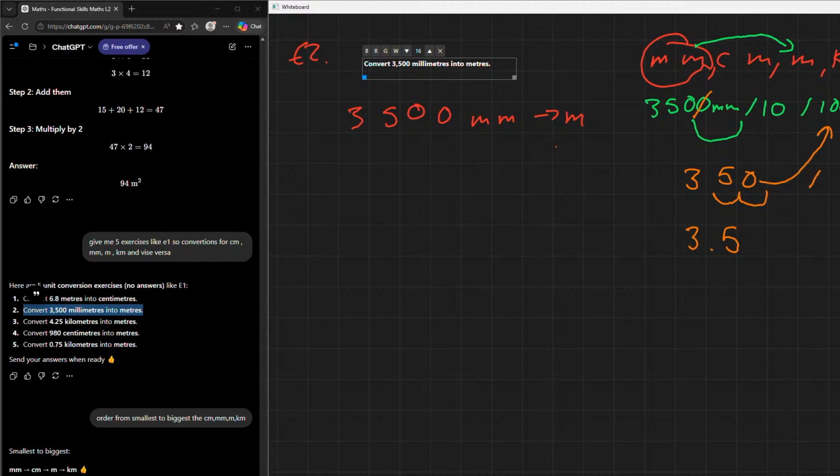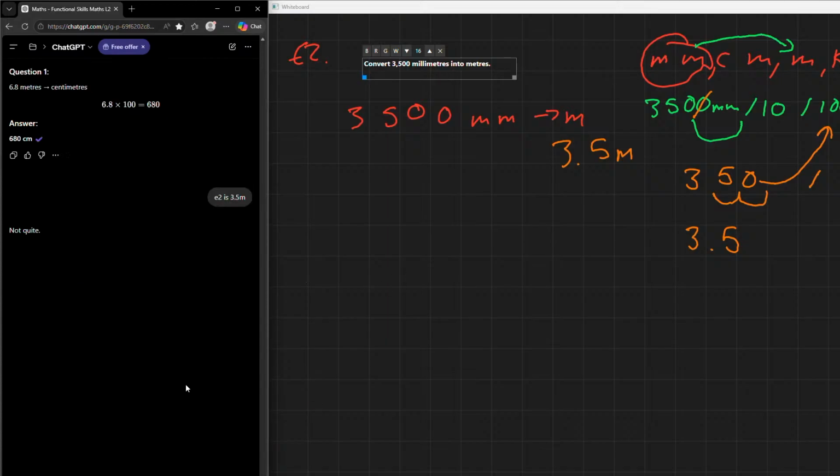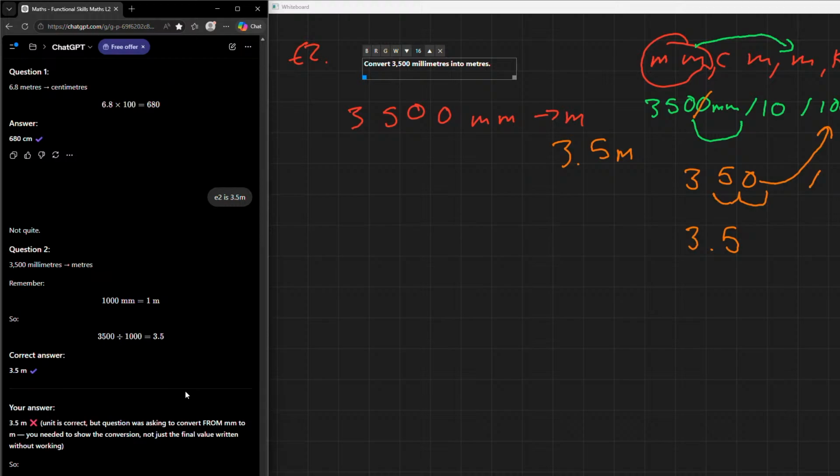Yeah, for sure I am correct. A2 is 3.5 meters, and then I'm going to copy these 3 questions, so it's not correct.